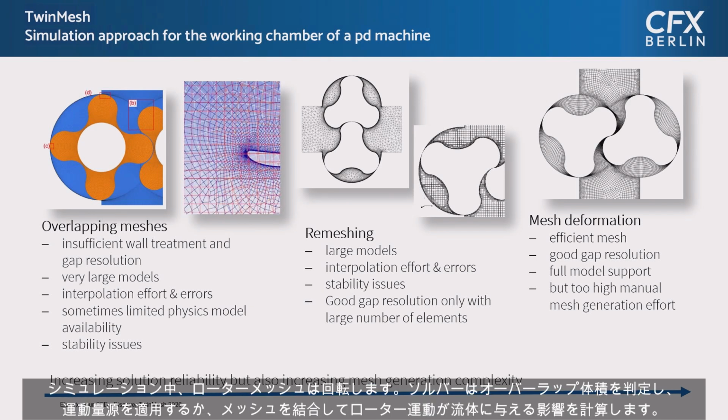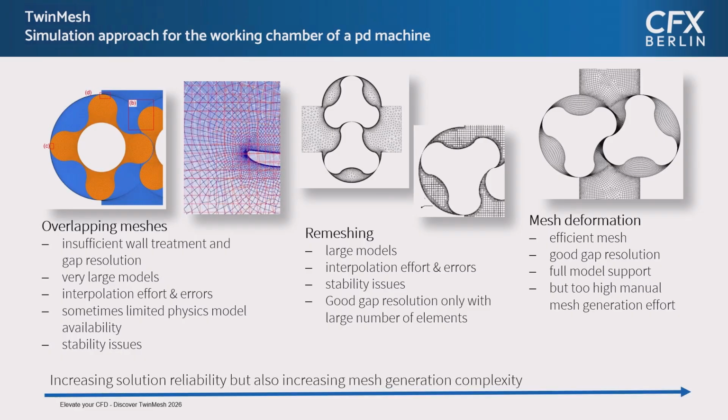During the simulation, the rotor mesh rotates. The solver determines the overlapping volume, applies momentum sources or combines the meshes to calculate the impact of the rotor motion to the fluid. This meshing is simple, but there are drawbacks.